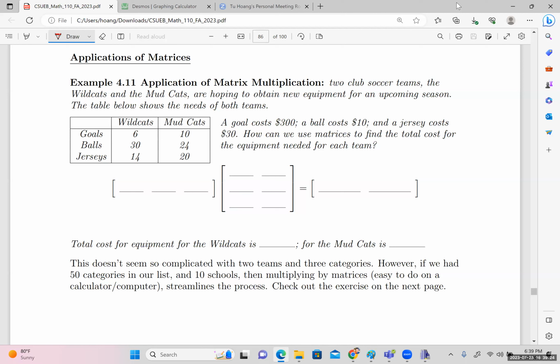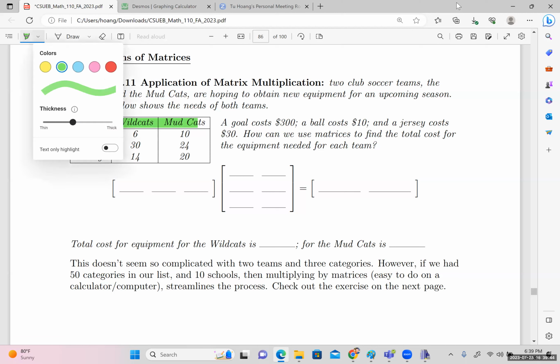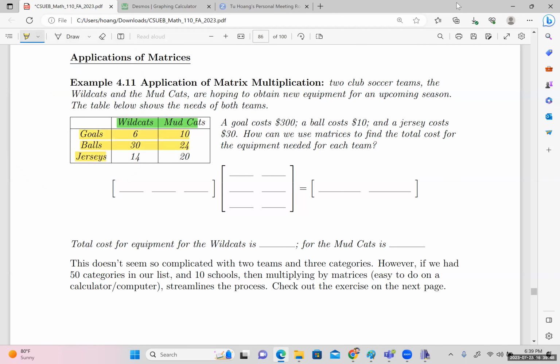So as you see down here, we have the table with 3 columns, but the main 2 columns are for Wheelcast and Mudcast, and then we have 3 rows which represent goals, balls, and jerseys.